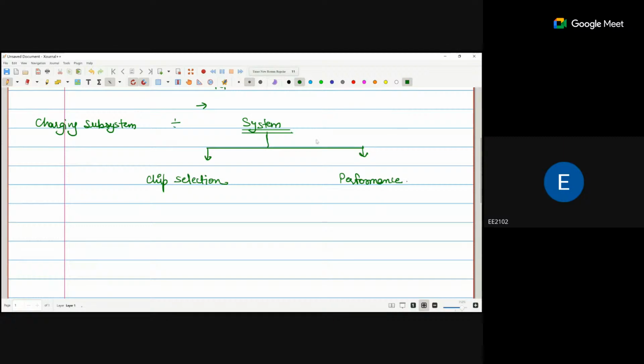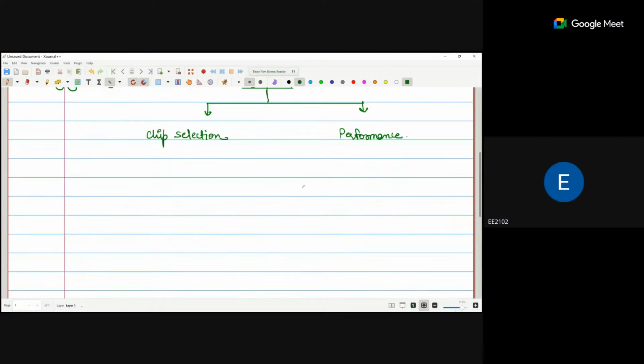Okay, a simple example is that when you are going to purchase a laptop, what you are observing: the processor, RAM, hard disk, SSD.